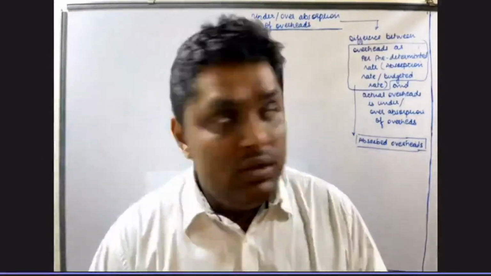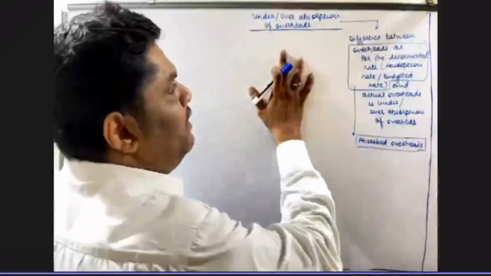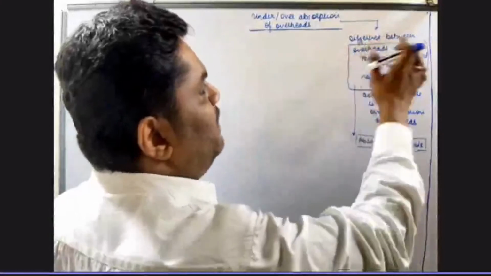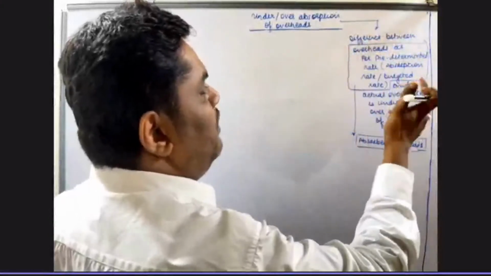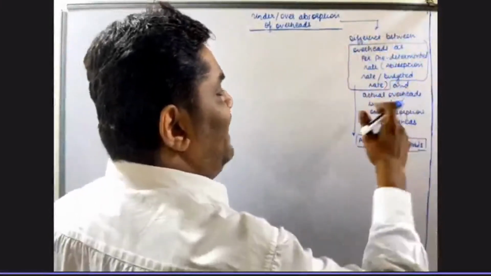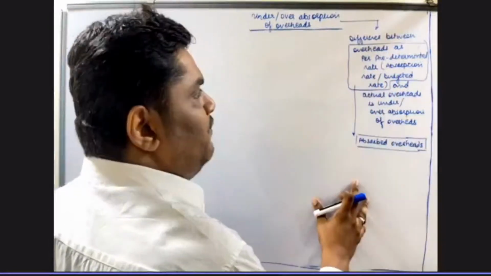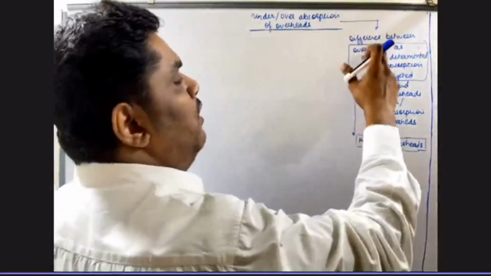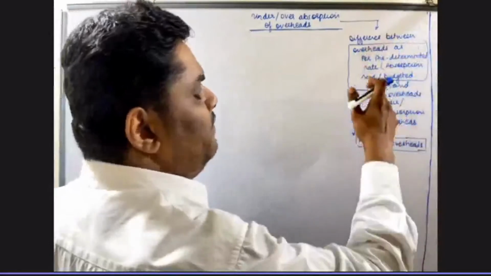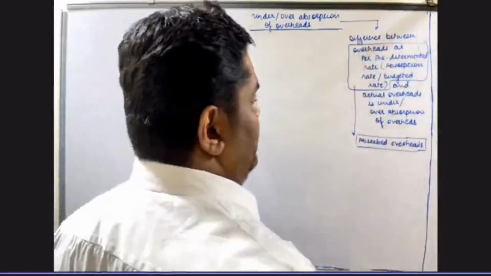So now, when talking about under or over absorption, difference between the overheads as per predetermined rate or budgeted rate and actual overhead is under or over absorption of overhead. When talking about overhead as per predetermined rate, we will be using the term absorbed overheads.